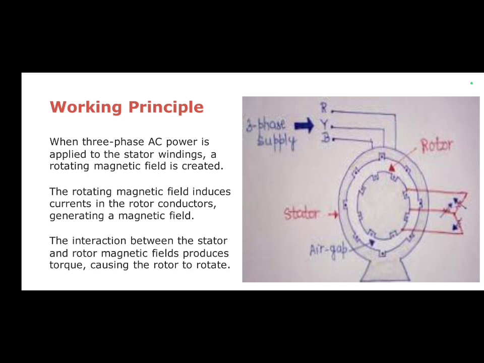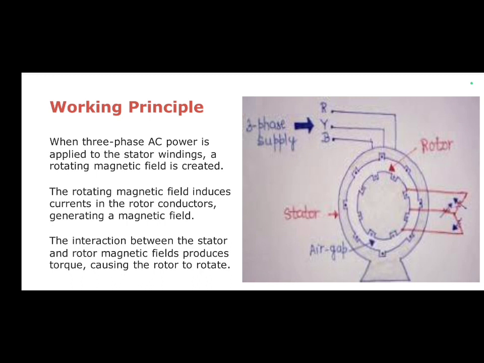So whenever we supply three-phase current to a stator, that current is taken by the windings of the stator. Whenever these windings take that three-phase current, it creates a rotating magnetic field with some speed. This speed we call synchronous speed.